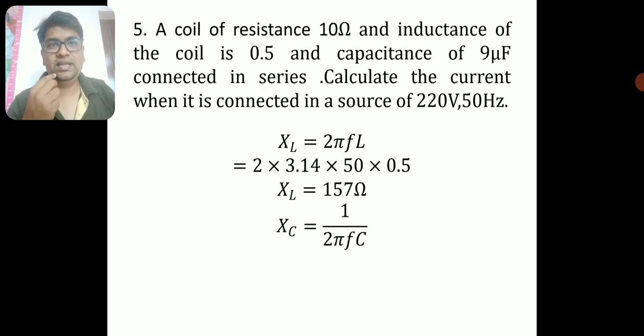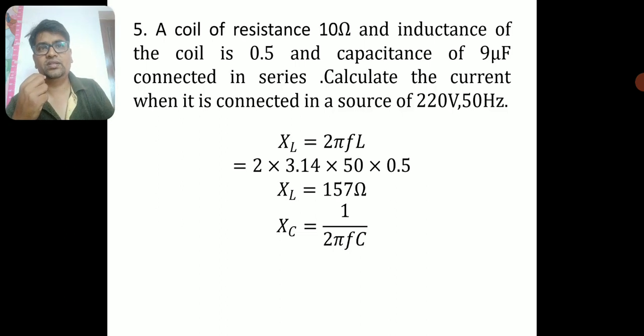Inductive reactance XL is equal to 2 pi FL. Right. So student, you need to remember these formulas. You write down all these formulas of inductive reactance, capacitive reactance, impedance and current in the circuit. You write down a set of formulas before going to the problem of this section.